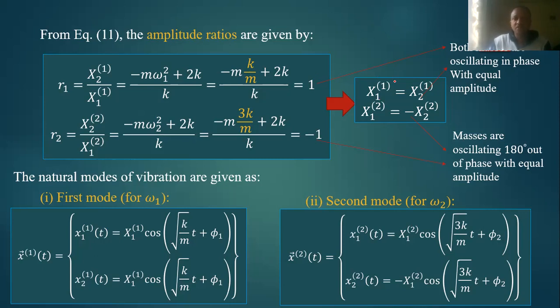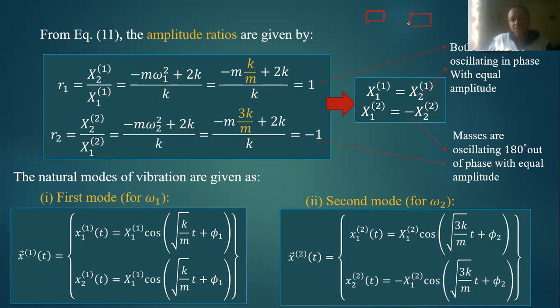That means x1(1) is equal to x2(1), so our system of masses are in phase. As the first mass moves up, the second mass also moves up with the same amplitude.